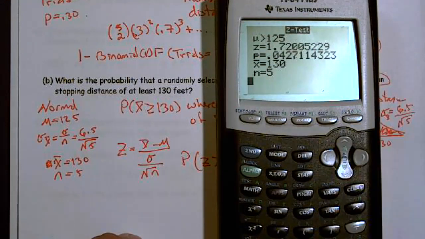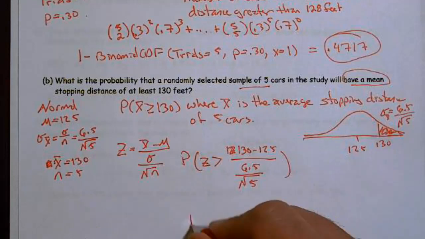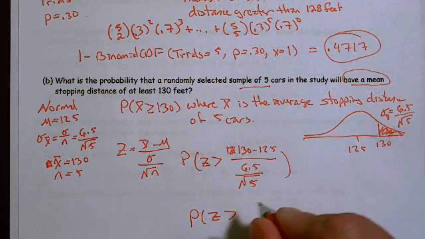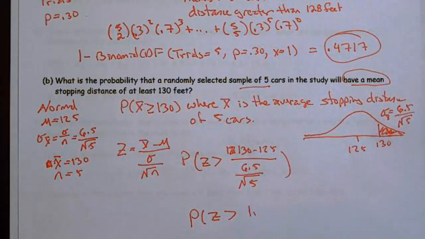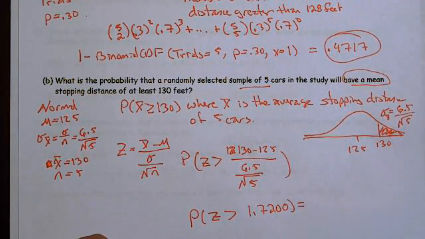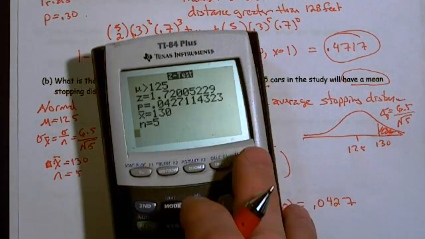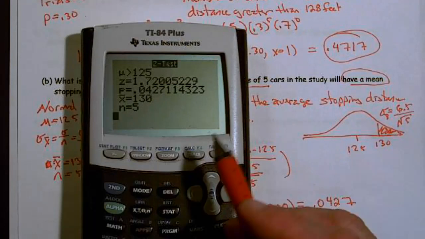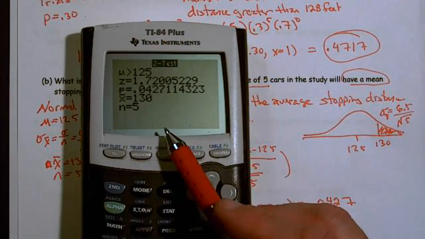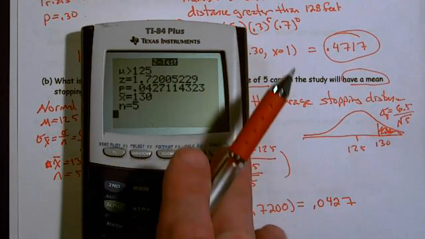And we end up getting the probability that Z is greater than 1.72 equals 0.0427. All right, so the answer to the question: there's less than a 5% chance that 5 cars would have a mean stopping distance of greater than 130 feet.